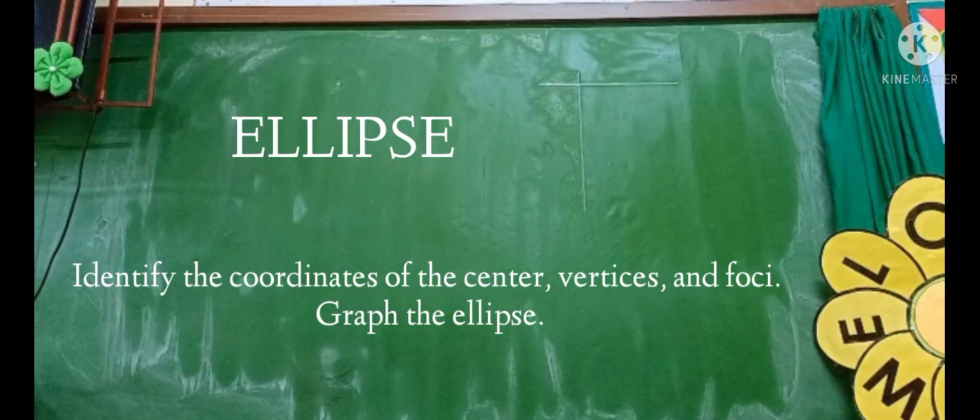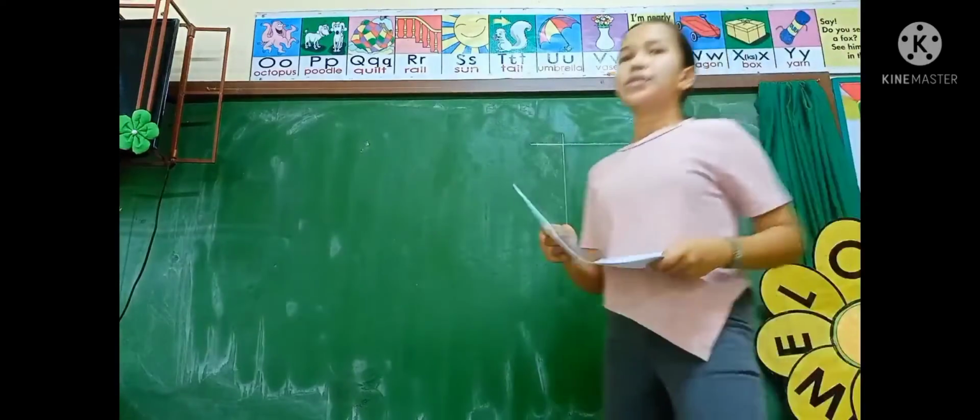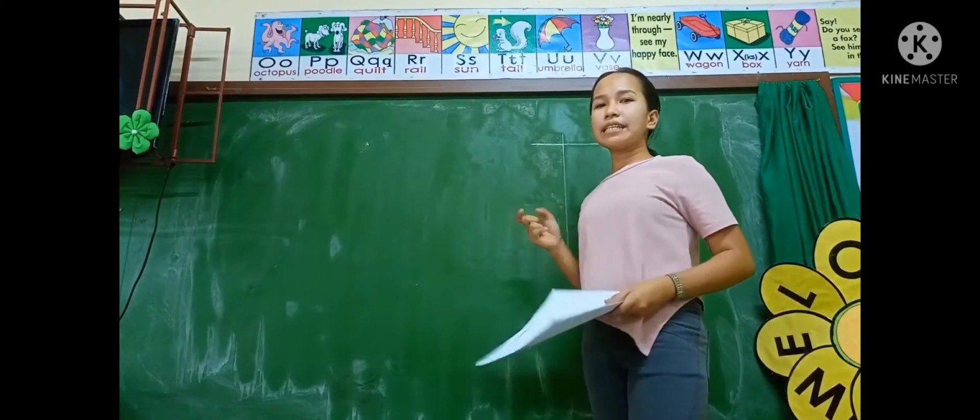Second example is ellipse. Identify the coordinates of the center, vertices, and foci. Graph the ellipse. So, we're done with the parabola. Let's have an example with the ellipse.